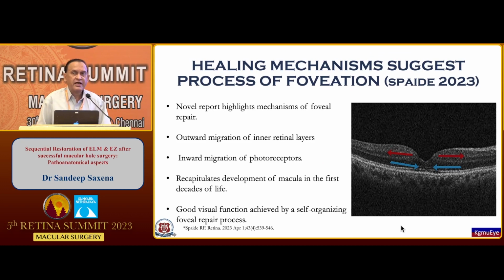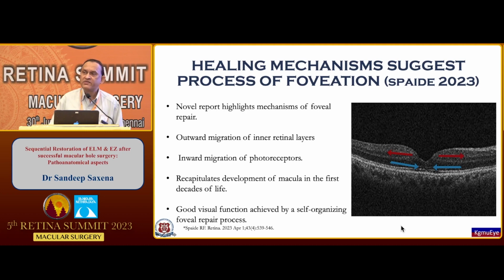More recently, as Dr. Vinod had also highlighted, Spaide has shown that the healing mechanism for the macular hole suggests a process of foveation, where the retinal inner layers go out and the outer layers come in, and this can be recapitulated into the first decade of development of the macula.